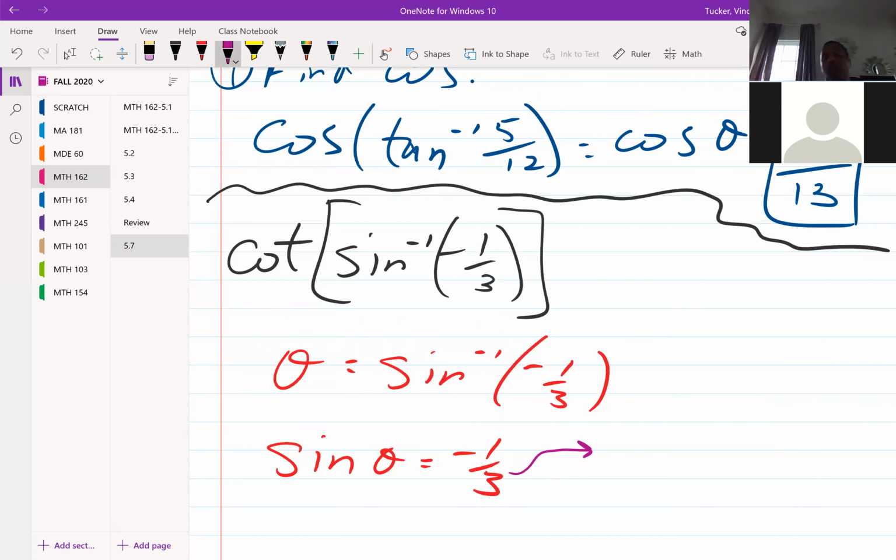So that's y over r. Don't forget r is always positive, so it means y is the negative 1.